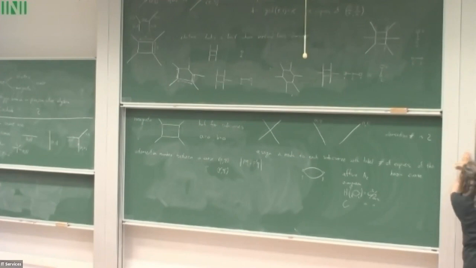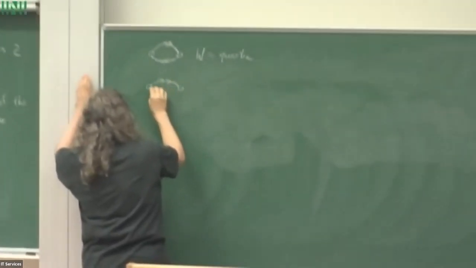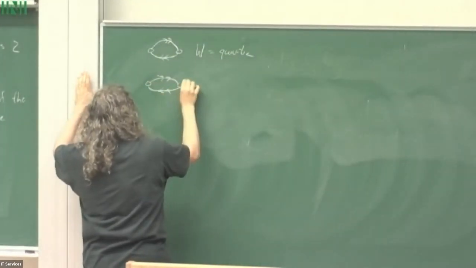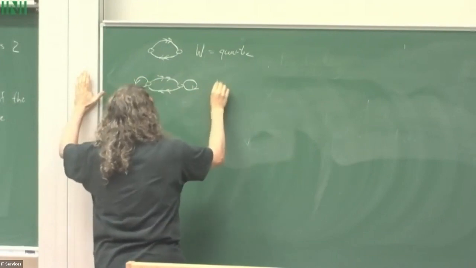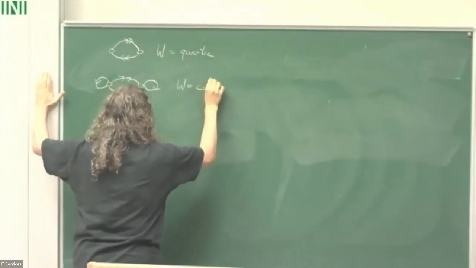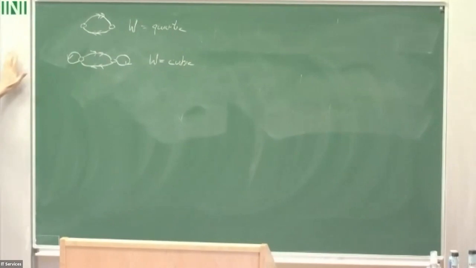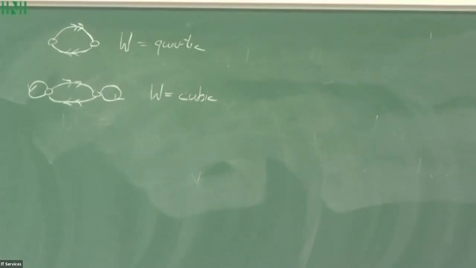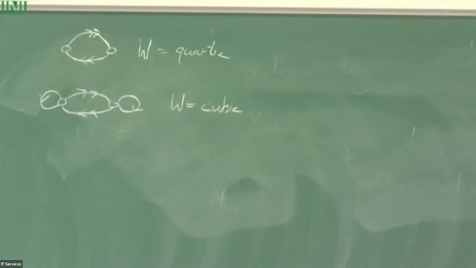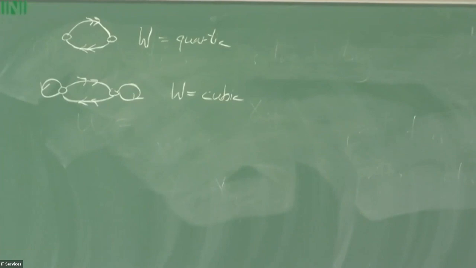And for this would be like this, with two loops, and the superpotential is cubic. And the tilings are different, right? The one is a square tiling, the other one is a hexagon tiling. More questions?